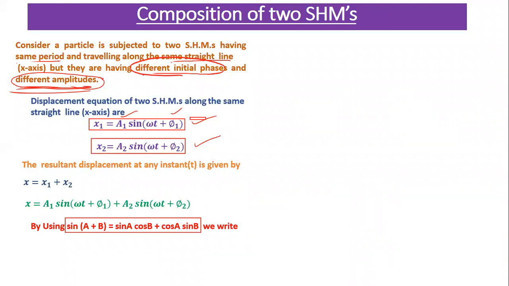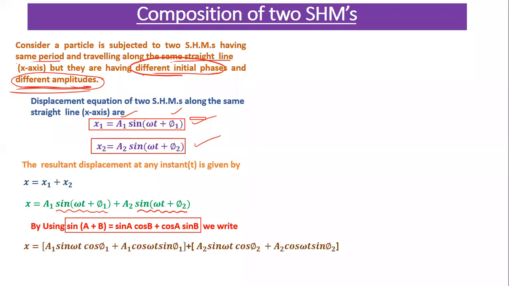Both sin(omega t plus phi 1) and sin(omega t plus phi 2) we have to expand using this formula. So we get x is equal to a1 sin omega t cos phi 1 plus a1 cos omega t sin phi 1, as a1 is multiplied to every term.